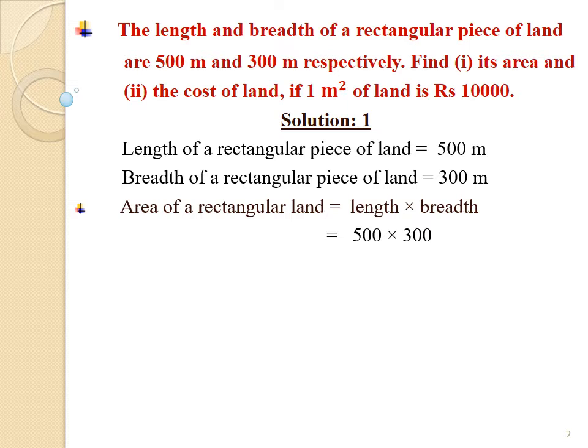Now multiplying 5 by 3 and placing total number of zeros in the product, we get 1,50,000. Thus, area of a rectangular land is 1,50,000 square meters.